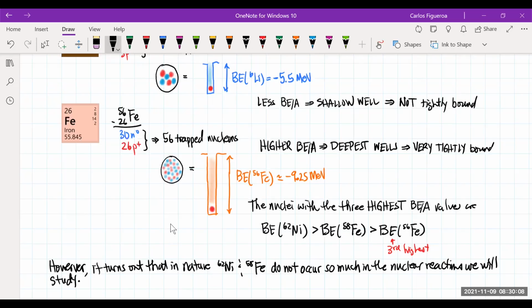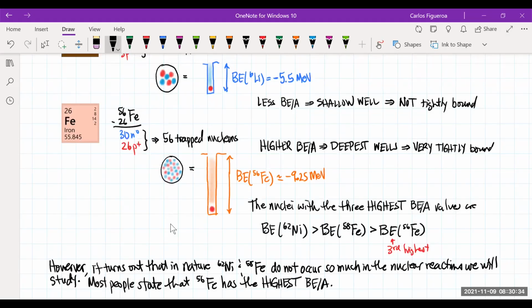But because iron 56 is more common in nuclear reactions, what we find here is that most people state that iron 56 has the highest binding energy per nucleon.